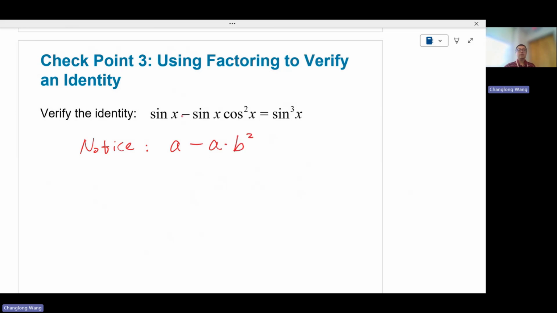I'm thinking that sine is letter a, and cosine is letter b, and sine and cosine squared are multiplying each other. So now you're looking at more of a polynomial pattern. How would you factor out the common factor a? If I take it out and put it next to a pair of parentheses, what do I put in the parentheses?